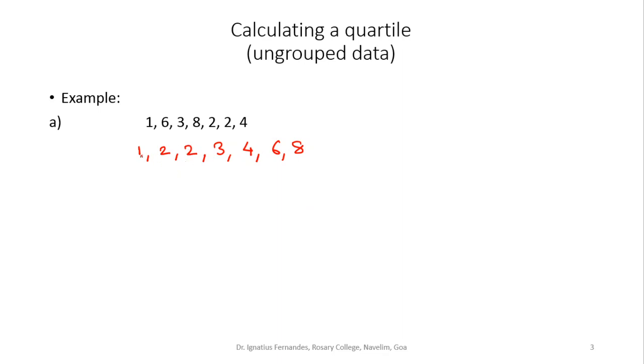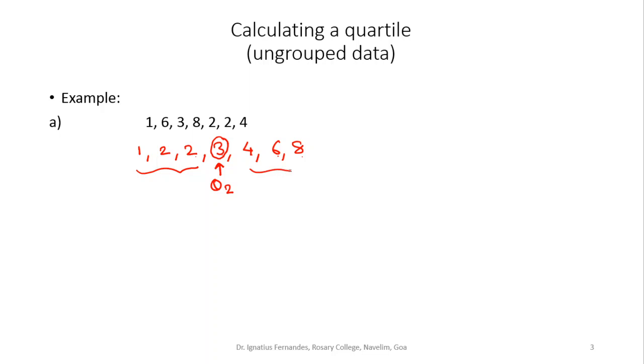So I have 1, 2, 3, 4, 5, 6, 7, an odd number of values. So the middle value will be this, that is 3, which is actually the median and the second quartile. So the middle value is Q2.